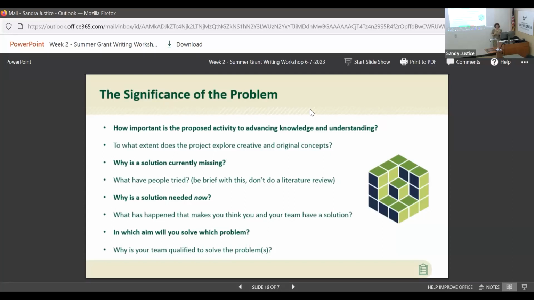So what is the significance of the problem? What's missing? What's the gap? And when you're teaching a class and you look across your classroom and you have your roll, right? No one takes roll and says, everybody who's not here, please raise your hand, right?